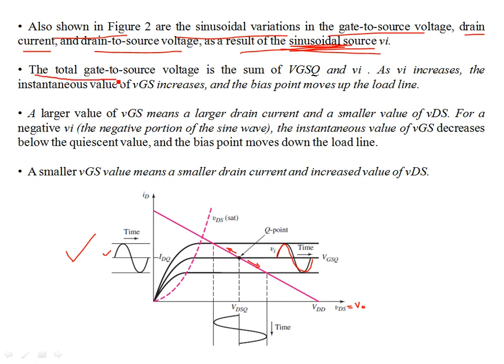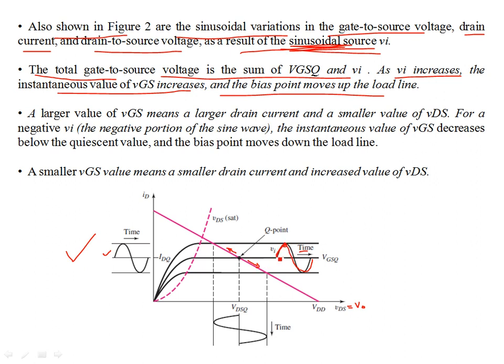Now the total gate to source voltage is the sum of VGSQ and Vi. So as Vi increases, the instantaneous value of VGS increases and the bias point moves up on the load line. You see this Vi is varying with time, so as Vi is increasing, it goes up like this.